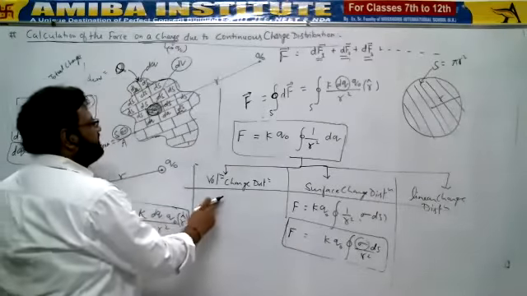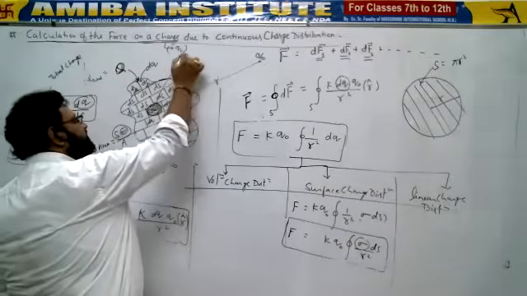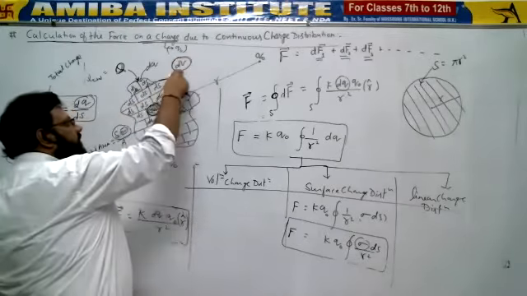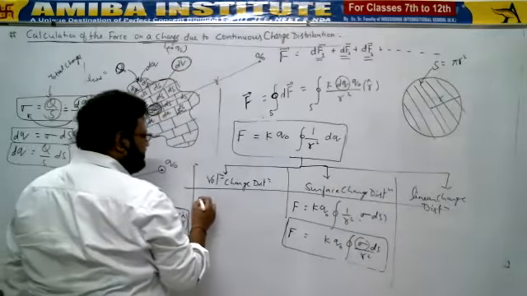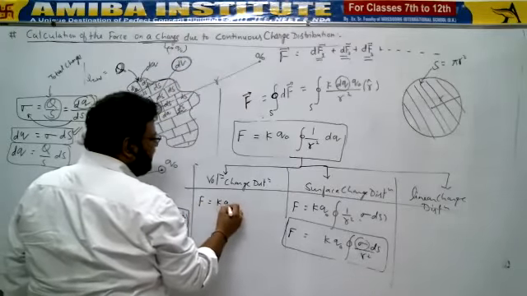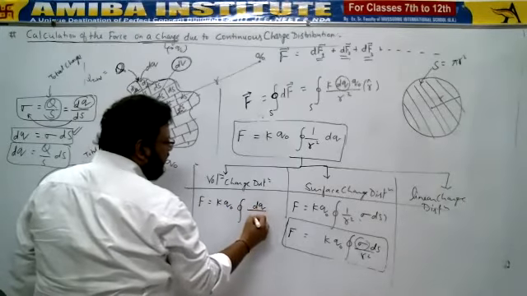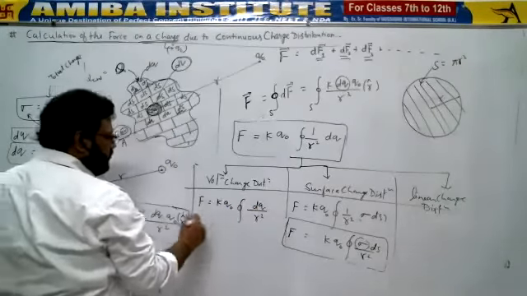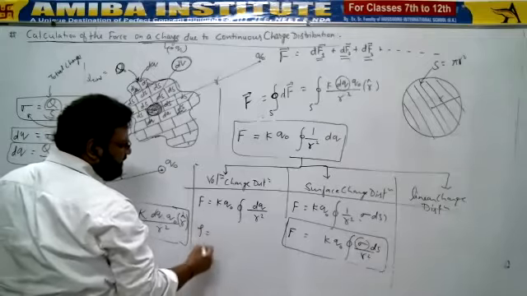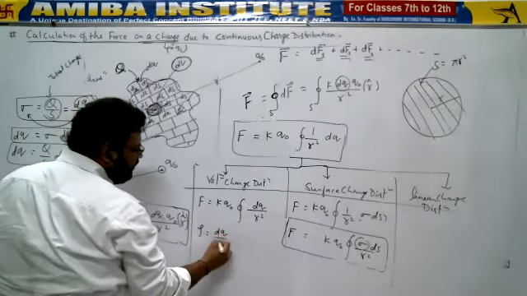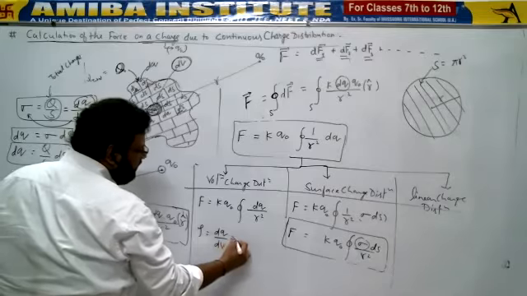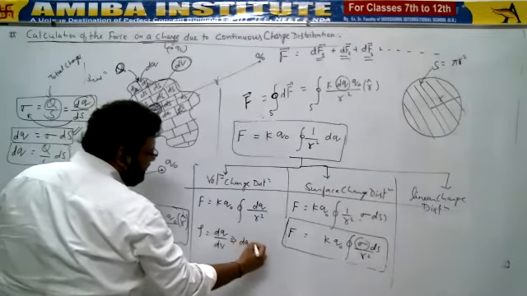Similarly, for volume charge distribution, suppose this is the dV element in which a small dq is considered. Then the force will be k q naught integration of dq by r square. Here the charge density rho will be dq upon dv. So what value of dq can you replace here?